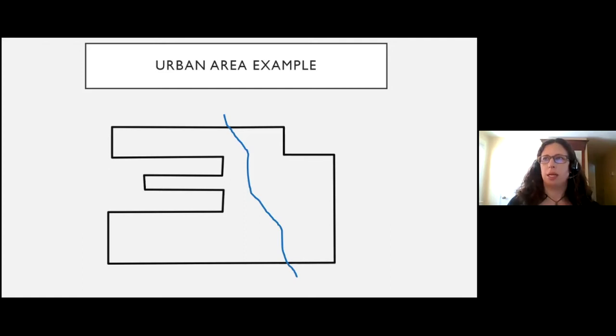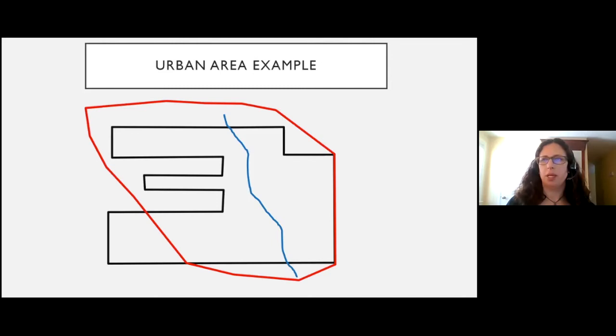Here's an example. In this slide, let's say the black boundary shows the limits of a municipality, and the blue line is a river running through it. This red line delineates the area draining to the segment of the river within the municipal limits.